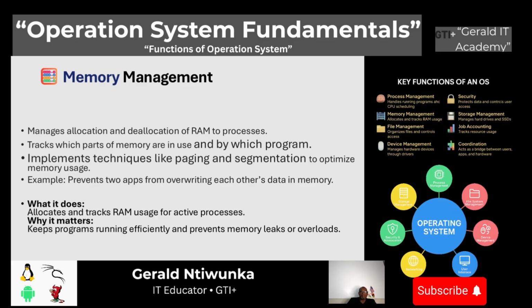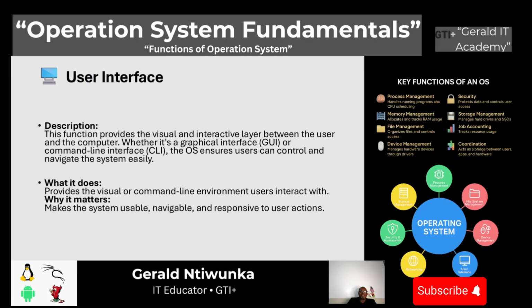It allocates and tracks RAM usage for active processes. And why it matters is that it keeps programs running efficiently and prevents memory leakage and overload. Now, user interface. What is a user interface? And how does the operating system use this interface, the GUI, the CLI, the command line interface, to work?